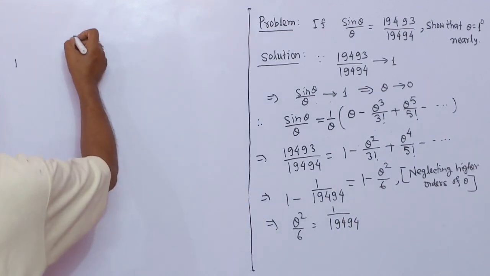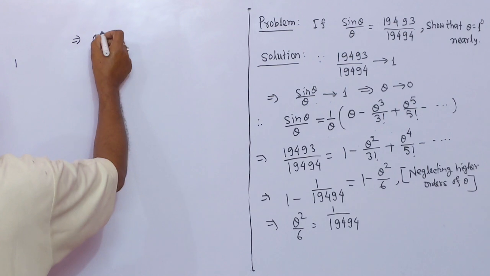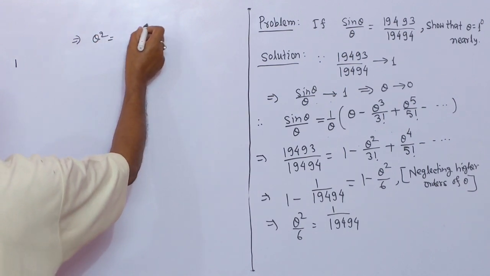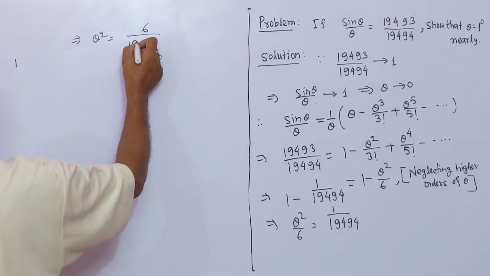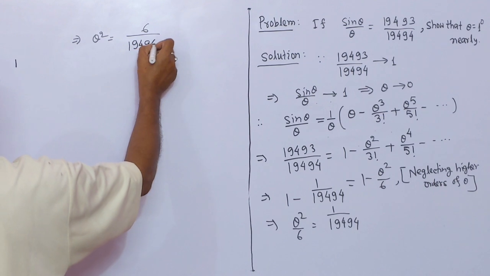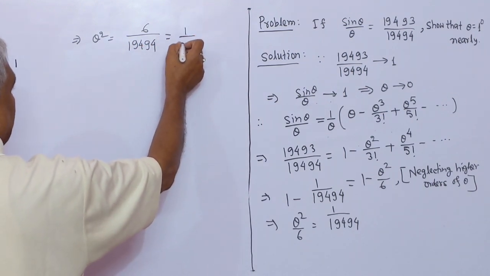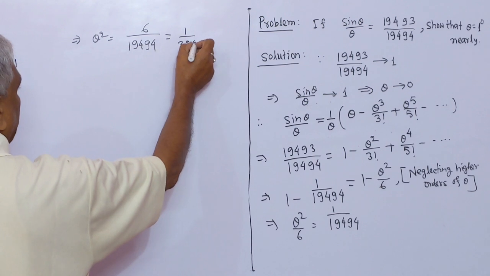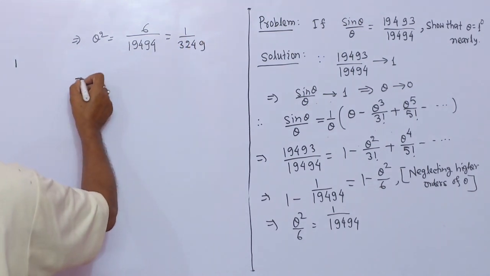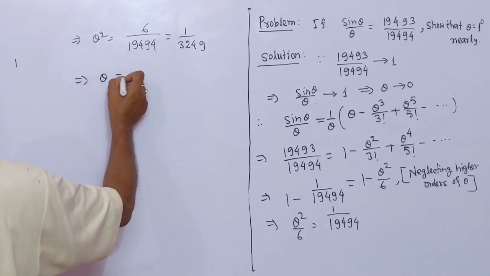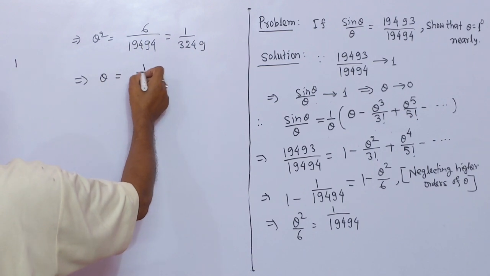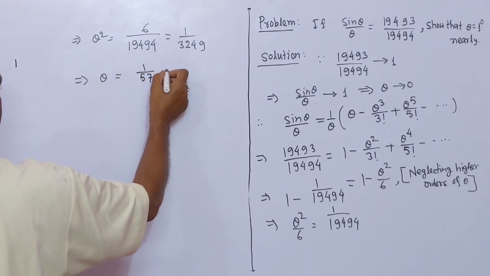This implies that theta square equals 6 by 19494, and this is equal to 1 by 3249. This implies that theta equals, taking square root, 1 by 57 radian.